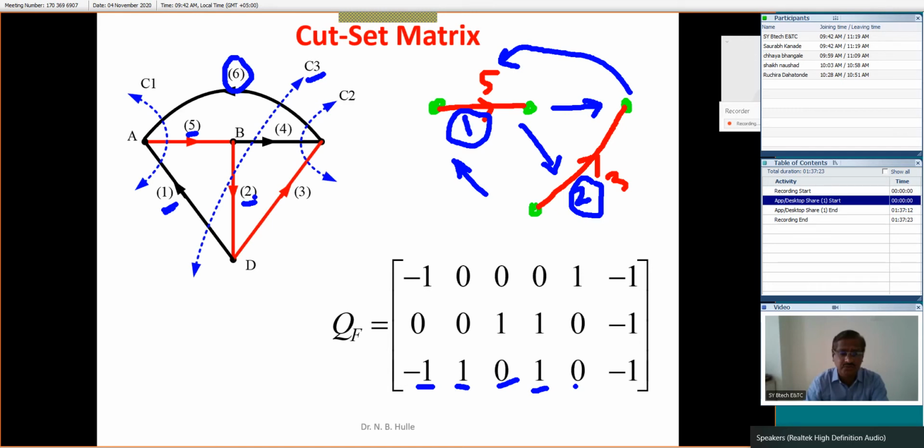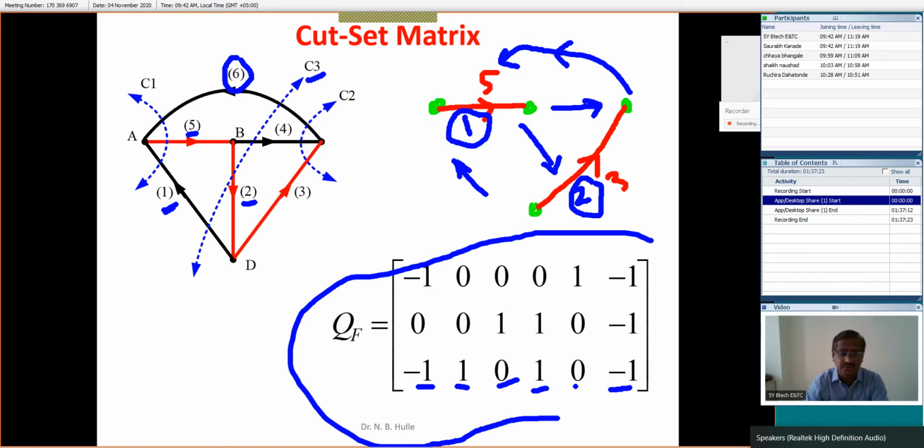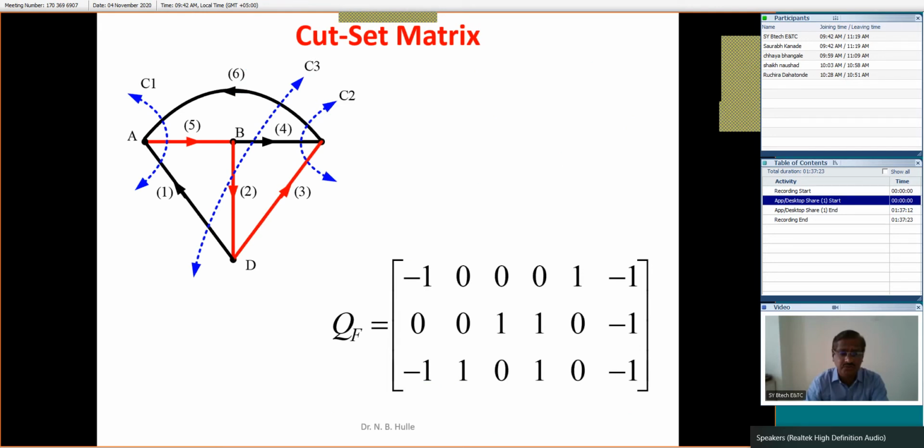For this branch number 2, it is from part number 1 to part number 2, but this direction is from part number 2 towards part number 1. That's why its entry is again -1. And this is nothing but the preparation of the fundamental cut set matrix.